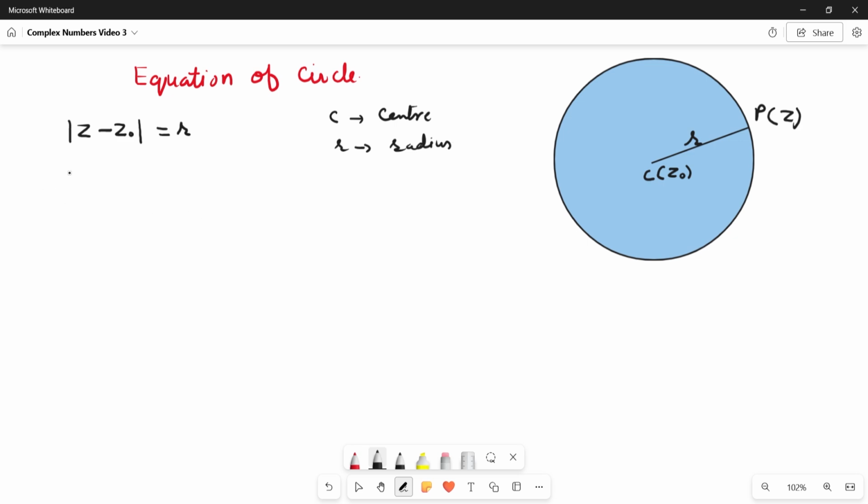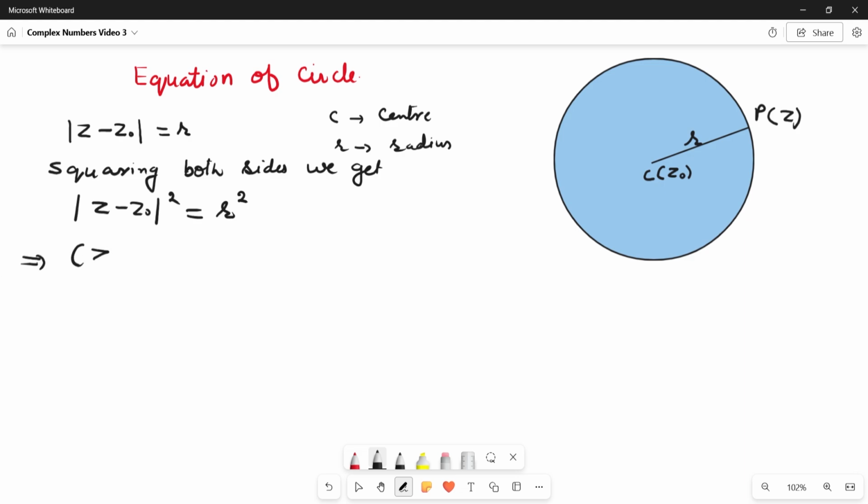Now see, squaring both sides, we get modulus of z minus z naught whole power 2 equal to r square, which implies z minus z naught into z bar minus z naught bar is equal to r square.